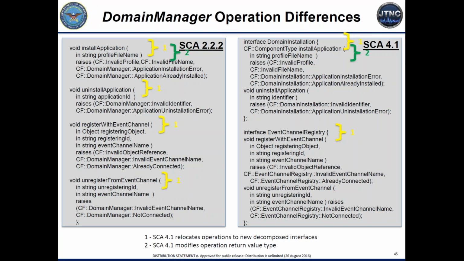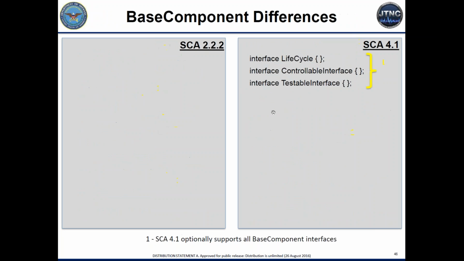If you look at a 222 implementation, that application factory component would have been something that would have been instantiated as part of the install application implementation that you had. It just was not something that was returned from the operation. So that's the minor change of switching the new version to actually return that object that was created.